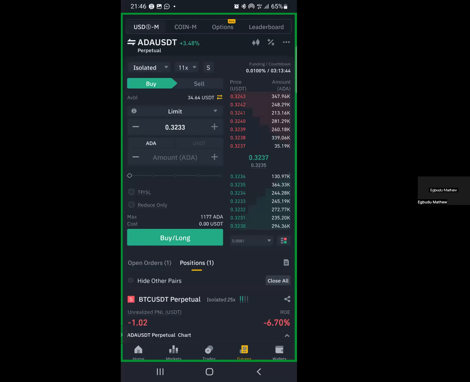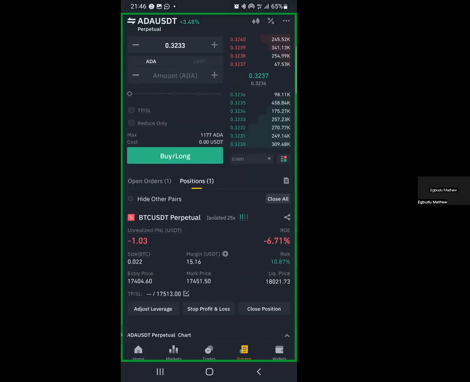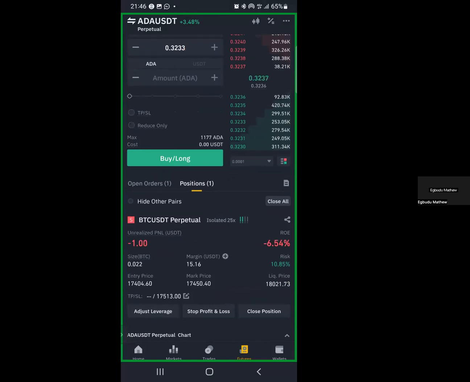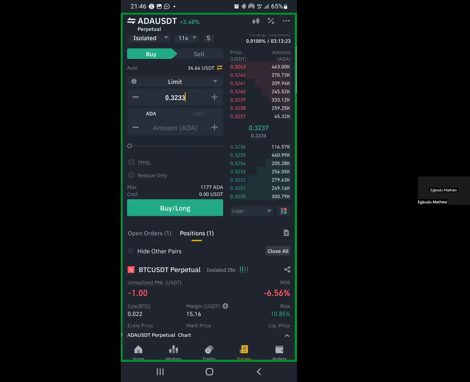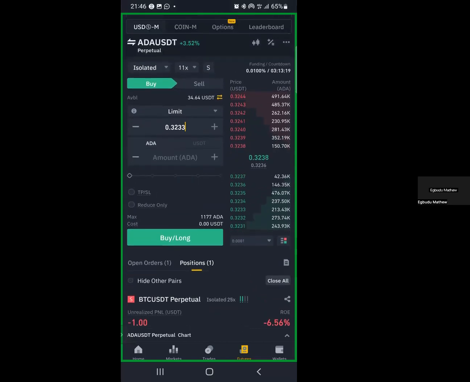So if I'm using the isolated margin, it means that I already have an existing trade at minus 6%. Now, my margin here is 15 USDT. And if this trade is going against me, and I'm not using stop loss, what it means is, if it's isolated, Binance will not take money from my 34 USDT to keep this trade on.